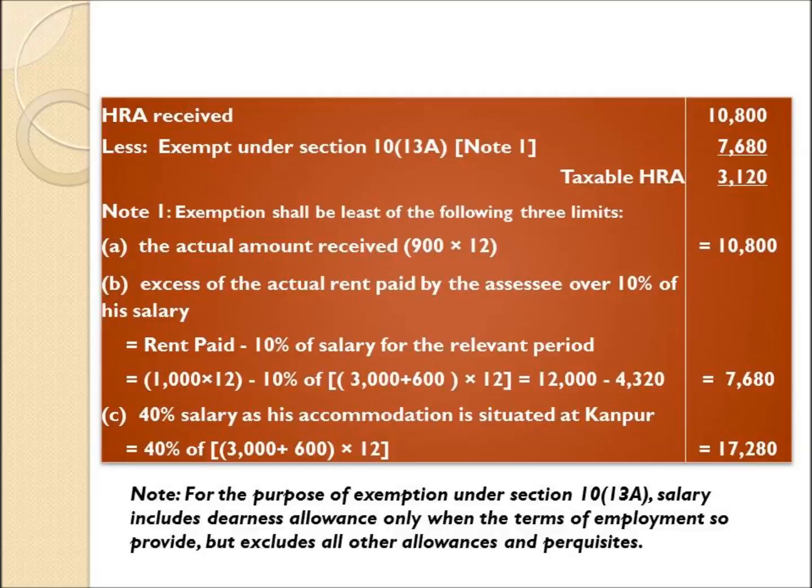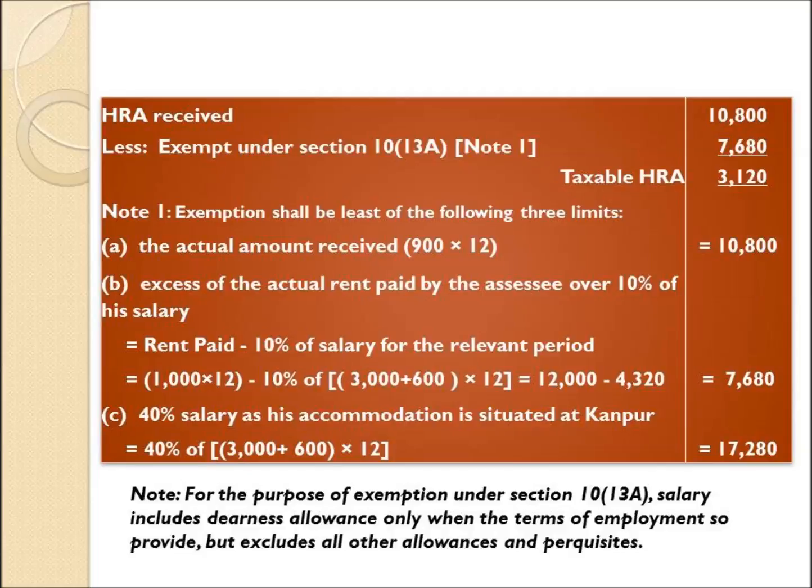So basic pay plus DA, that is 3000 plus 600 into 12, we get the total salary for 1 year, and of that 10%. So 10% of 43,200 is 4320. So rent paid, that is 12,000 minus 10% of salary for the year, that is 4320. We deduct this and we get 7680.